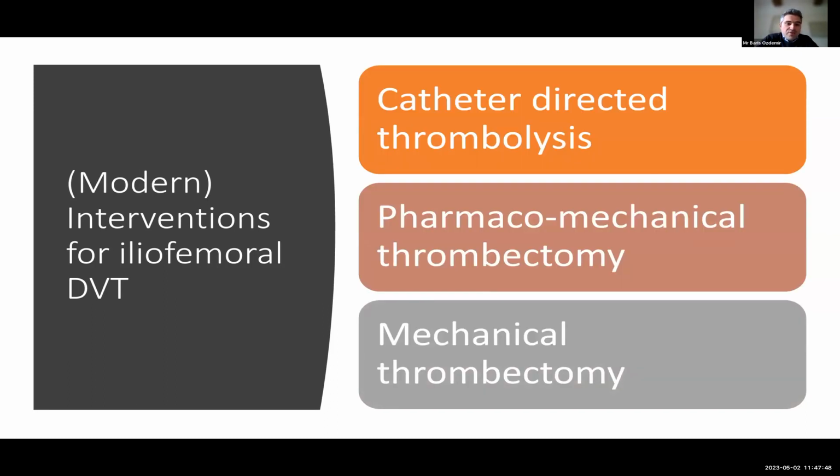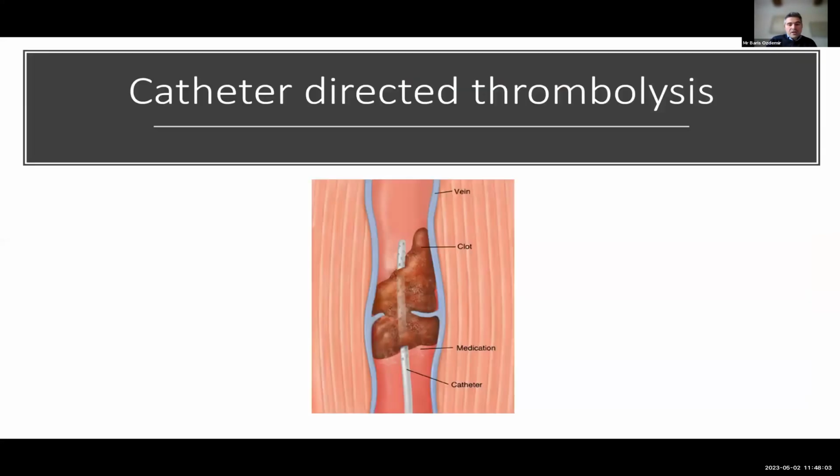Modern interventions for iliofemoral thrombosis essentially can be divided into catheter-directed thrombolysis, pharmacomechanical thrombectomy, and mechanical thrombectomy. And we'll go through each of these in turn.